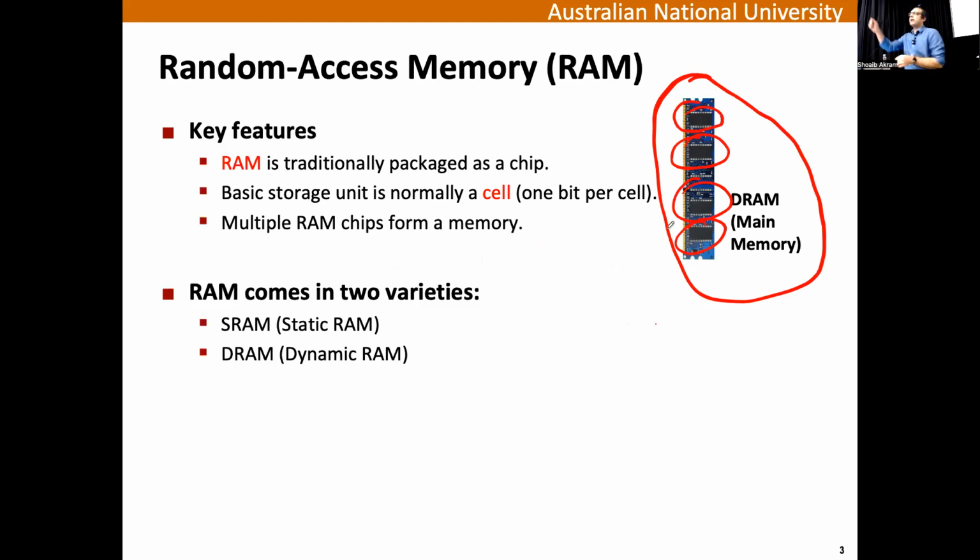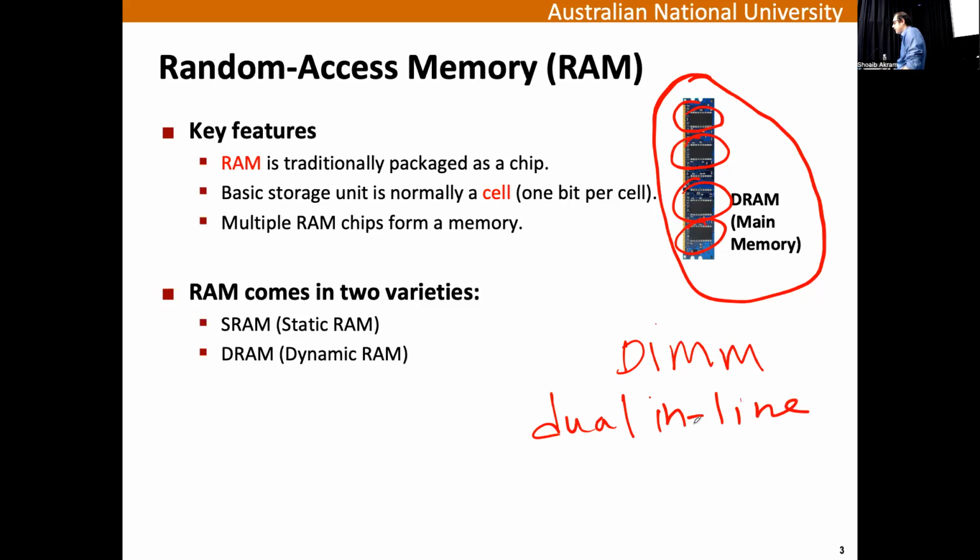This is what you plug into your motherboard or any other system, and we call it a DIMM, or dual inline memory module. By the way, the slides are online if anyone wants to annotate. We use many of these to expand the capacity of our physical memory or our memory system.